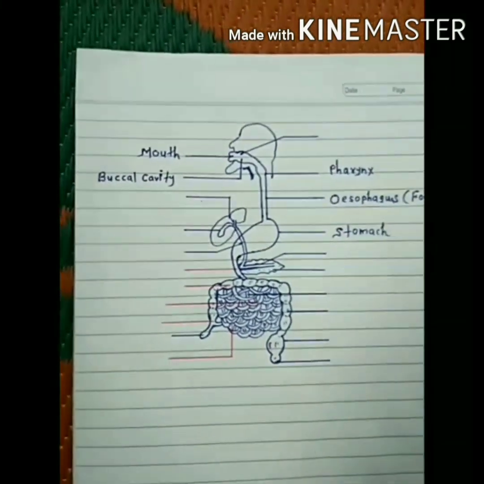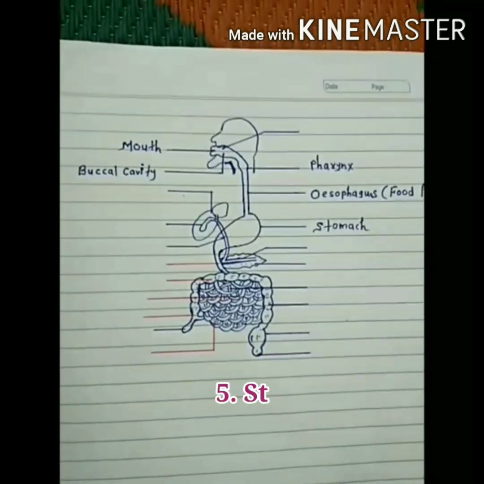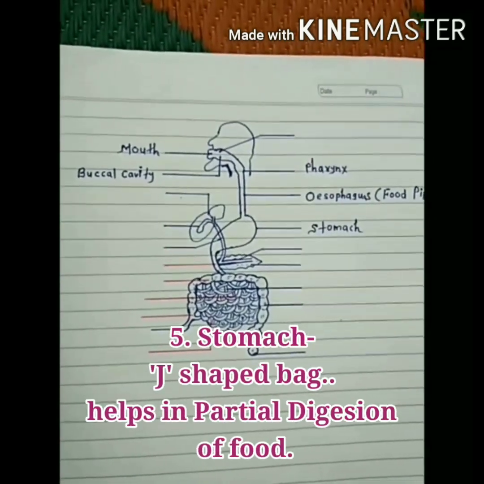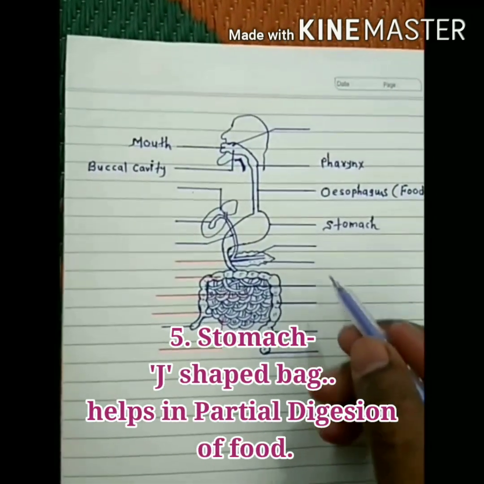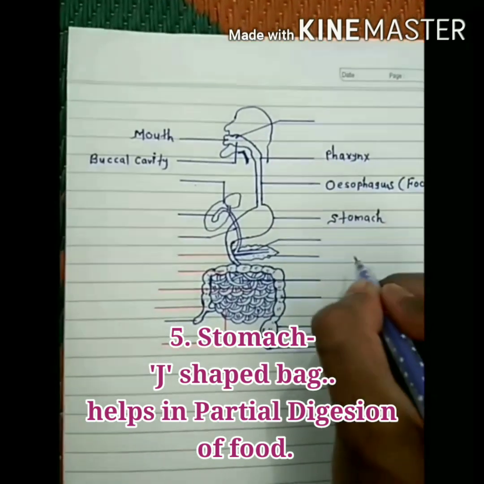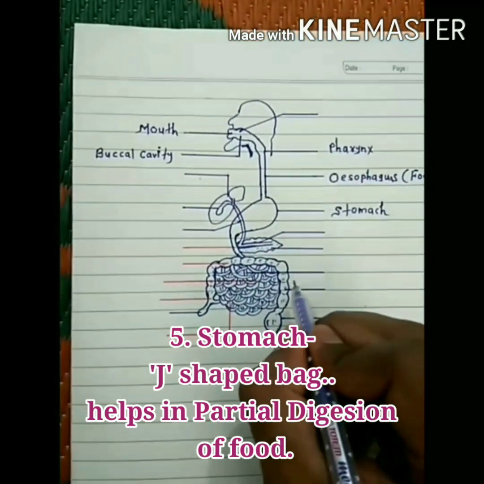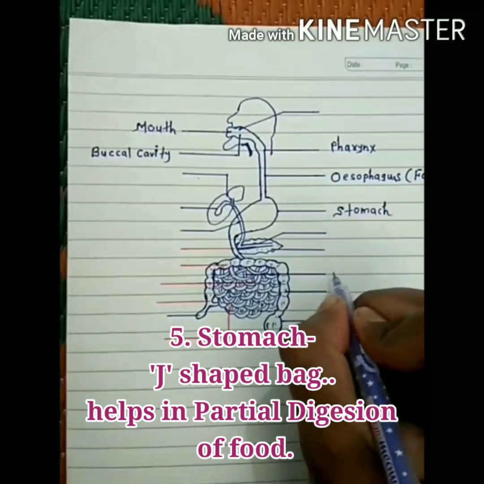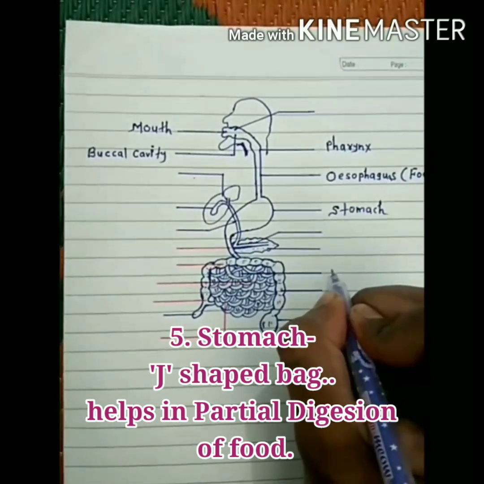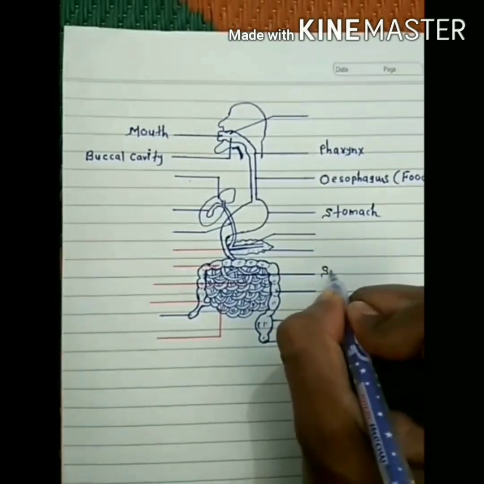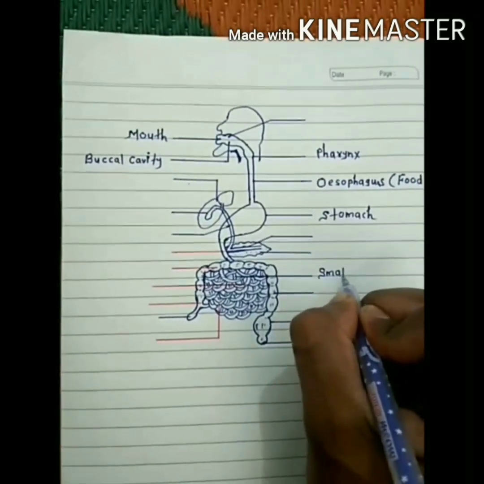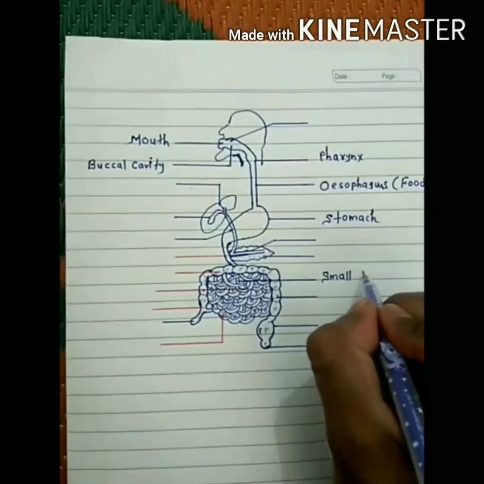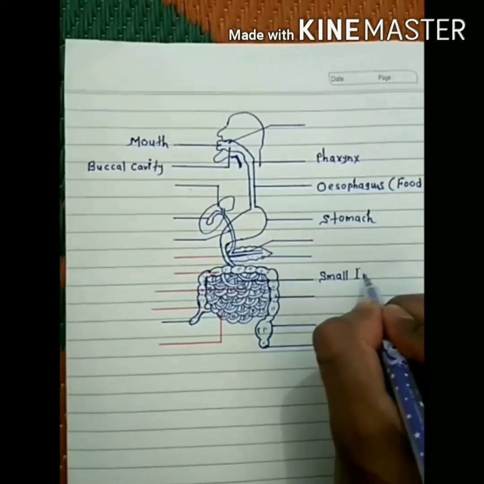So stomach is a J-shaped bag, and it is also called food bag. इसे खाने की थैली भी कहते हैं. फूड का partial digestion stomach में होता है, and food remains in stomach up to 2 to 3 hours depending on the kind of food. When food is partially digested in the stomach, then it comes into the small intestine.